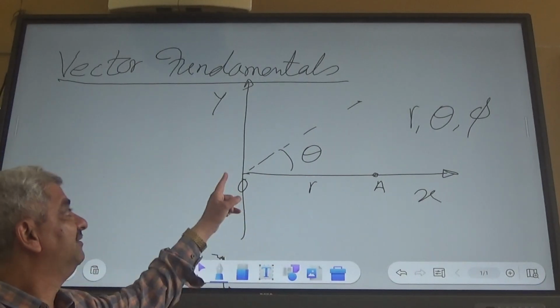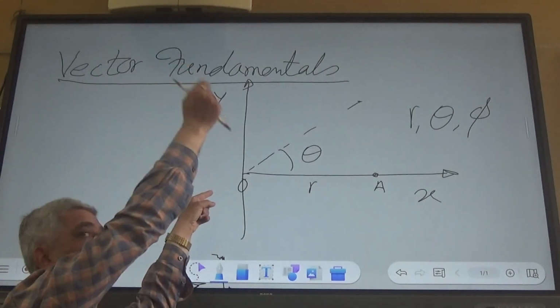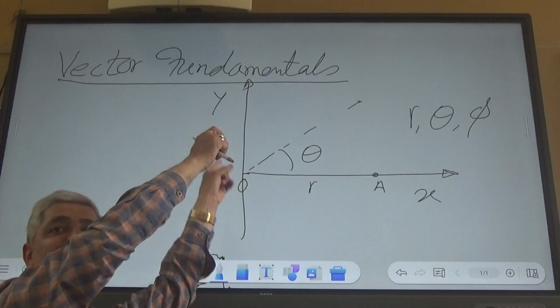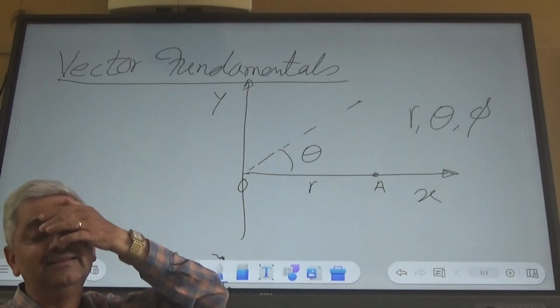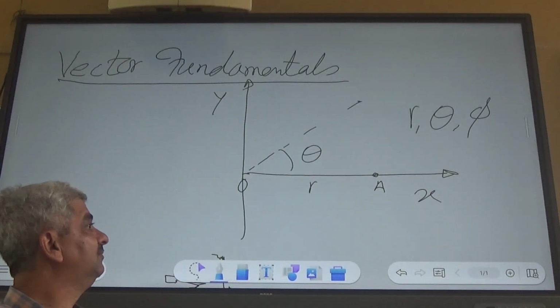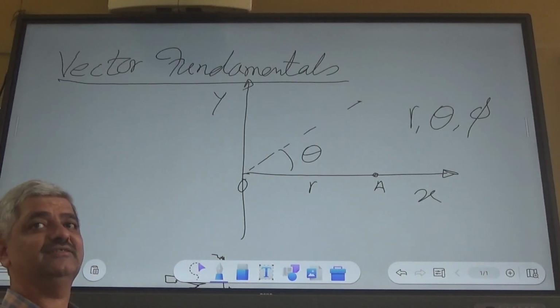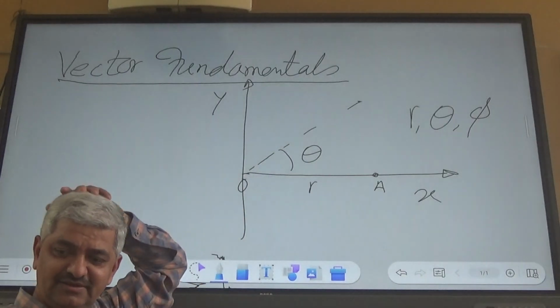So here you take the projection, the actual length, then the angle of projection with the reference axis, and the angle between the projection and the actual vector is the other angle. I can now measure the angle which the projection subtends with the x-axis.